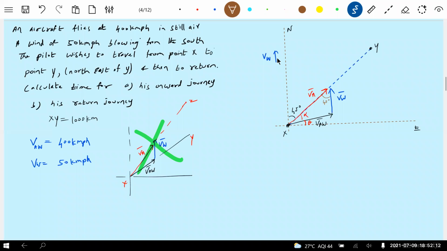Now what is our question now? We have to calculate the VW, no? Sorry, VA has to be determined. This angle I don't know. VA 450 kilometer per hour.